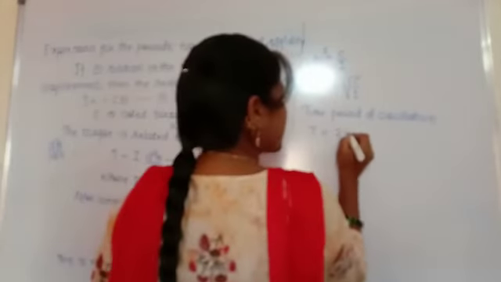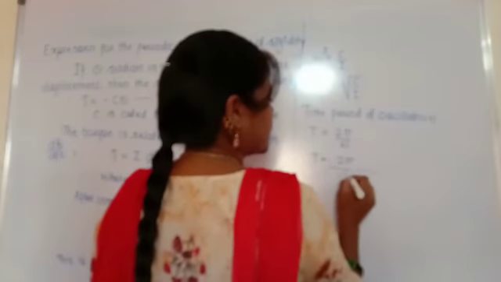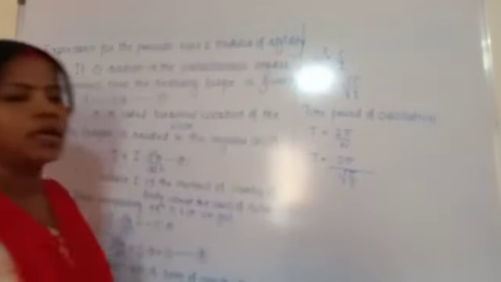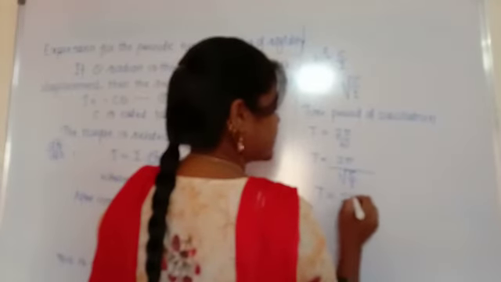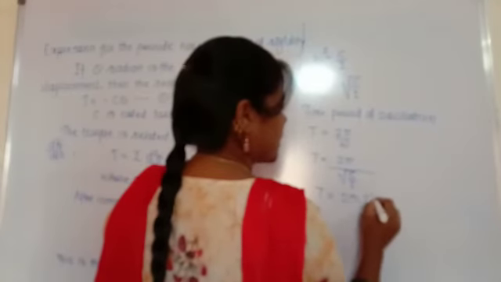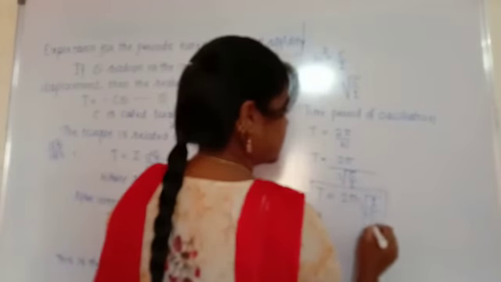After putting this value, we get T equals 2 pi divided by the square root of C by I. Taking it to the multiplication side, T equals 2 pi square root of I by C. This is the equation for the time period of oscillation of a torsional pendulum. This is the fourth equation.